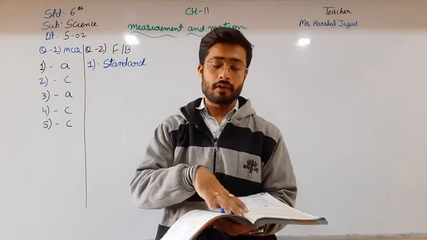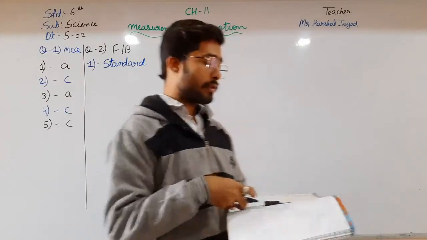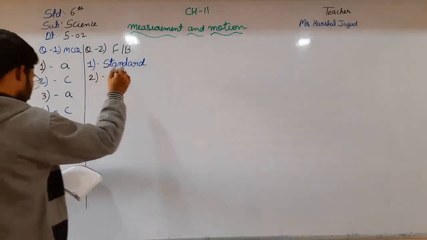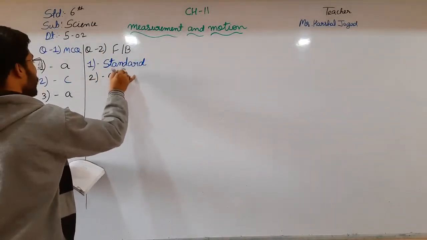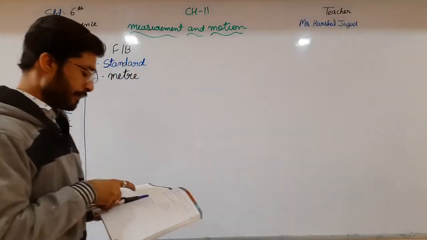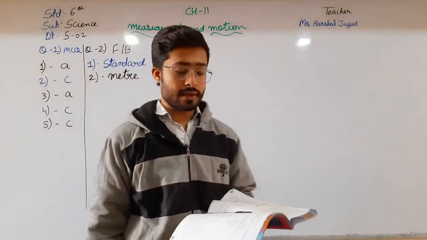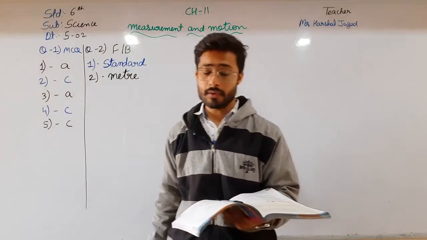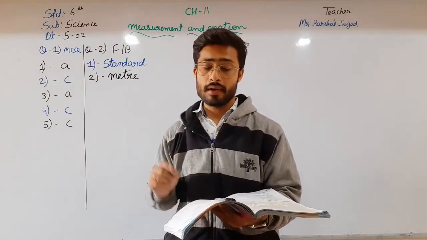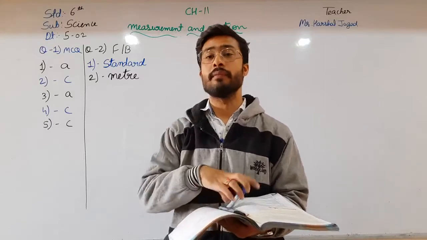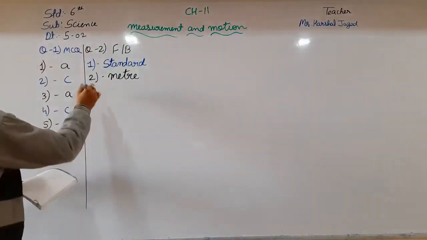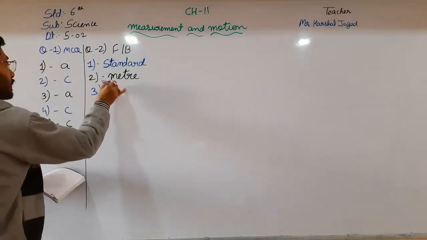So the SI unit of length is meter. So second answer will be meter. Third one: dash units do not vary from person to person and place to place, standard or non-standard. So here it will be standard. So third one is standard.